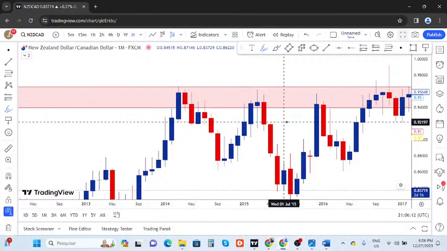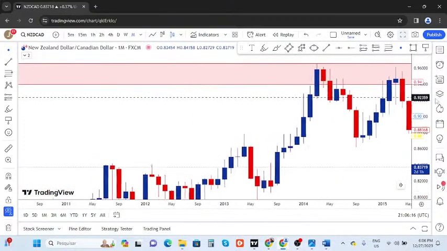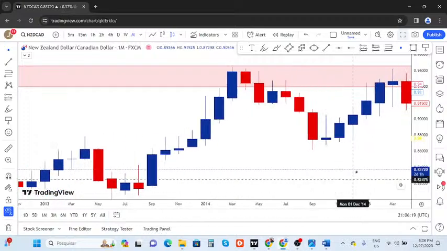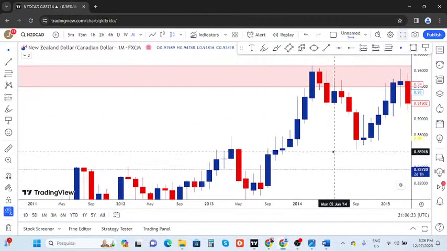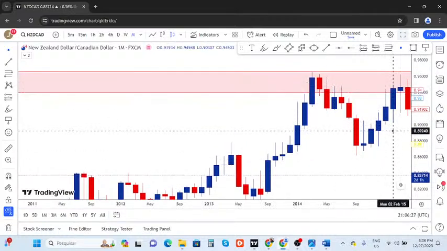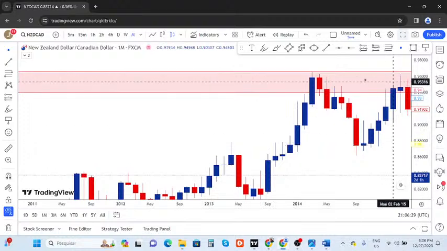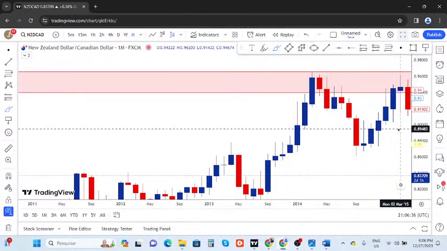Let's say this is what we have back in time. We cannot call this a double top right now, just from what we are studying, with this first top and second top. Why?